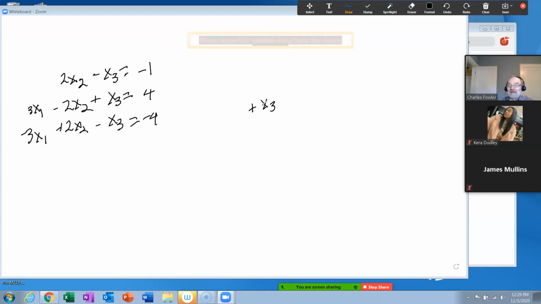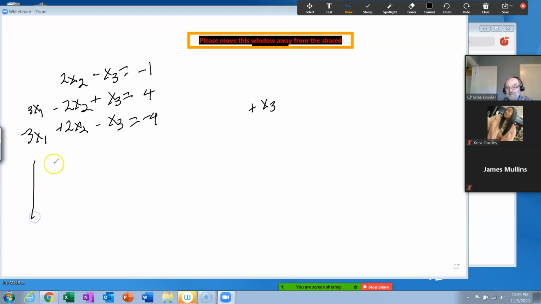If we did our coefficient matrix, here's what it would be: 0, 2, minus 1, 3, minus 2, 1, 3, 2, minus 1.